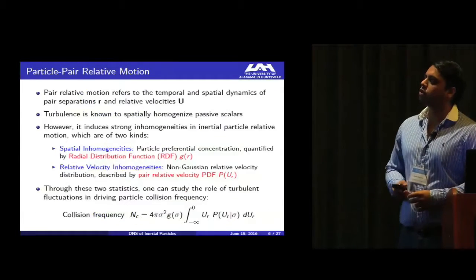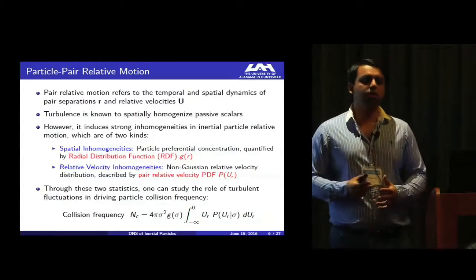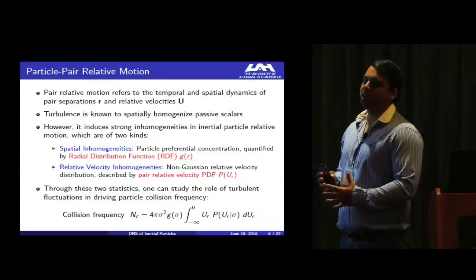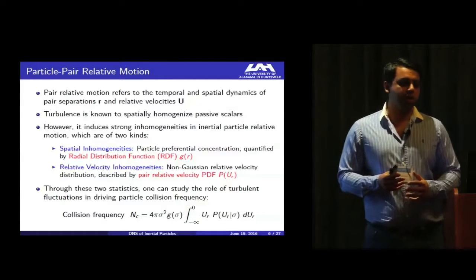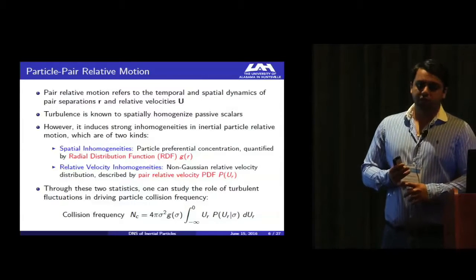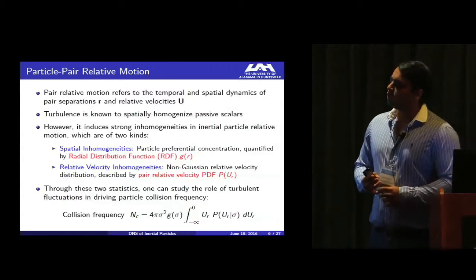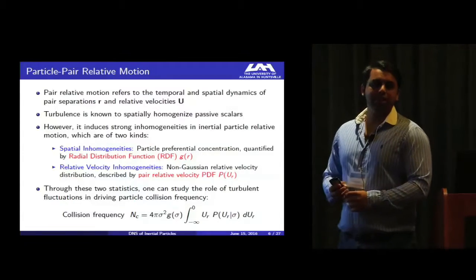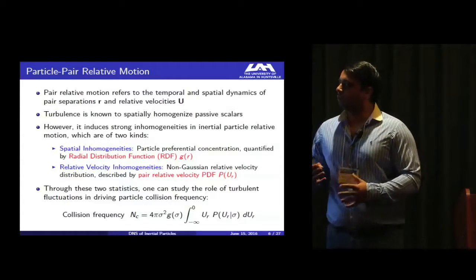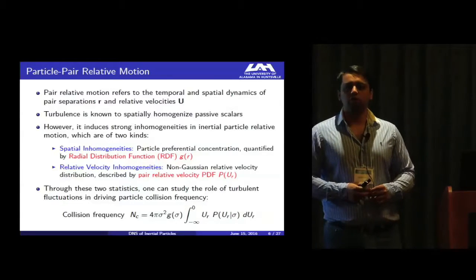So particle pair relative motion refers to the temporal and spatial dynamics of pair separation r and pair relative velocity u. As we know, turbulence is known to spatially homogenize passive scalar, but in the case of inertial particles, it introduces strong inhomogeneities both in spatial as well as in the relative velocity domain. The spatial inhomogeneities are basically quantified by a statistic known as radial distribution function, which is shown by the preferential concentration of particles in specific parts of the flow field domain.